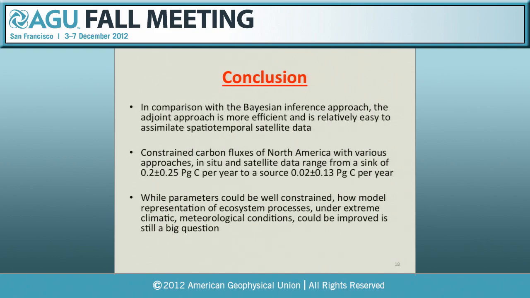We're still using constrained carbon fluxes in North America. It varies, ranging from a sink of 0.2 petagram, plus, which you can see is even larger than the mean value, to a source of about 20 teragram, plus 0.13 petagram per year for this period.